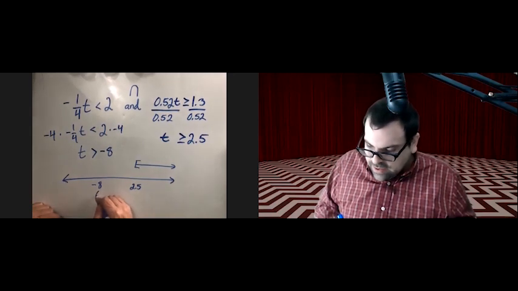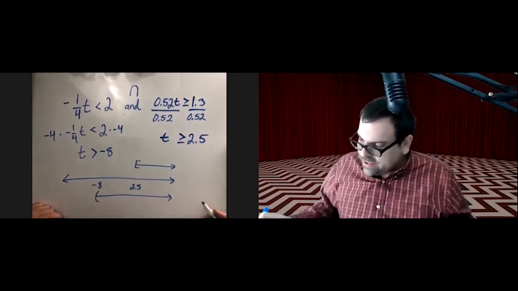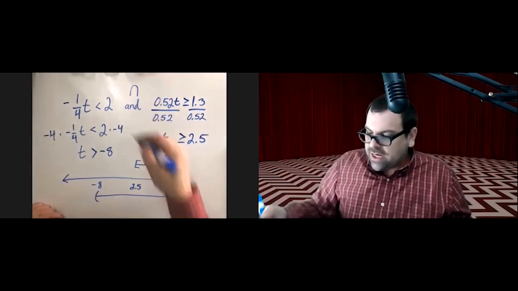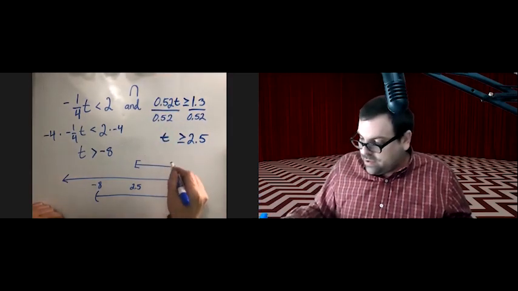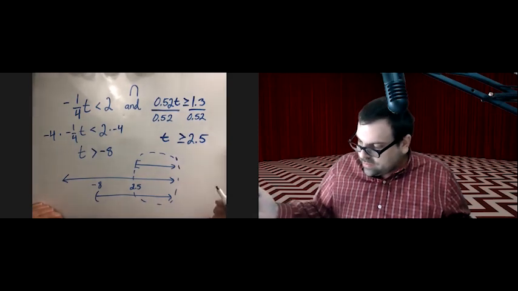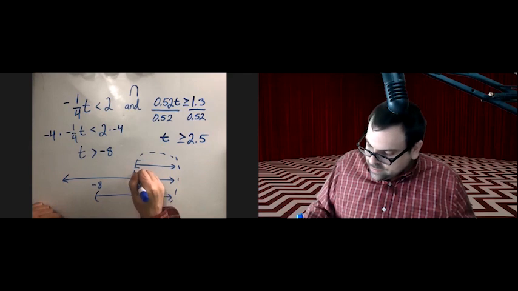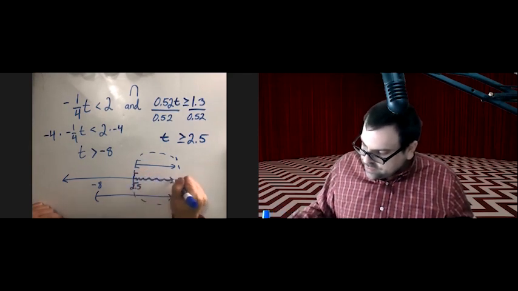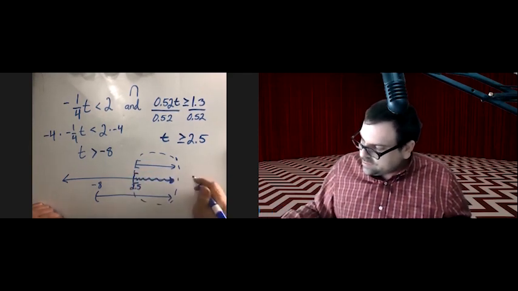Greater than negative 8 would be this. The intersection is the overlap. The overlap happens here. So just greater than or equal to 2.5.